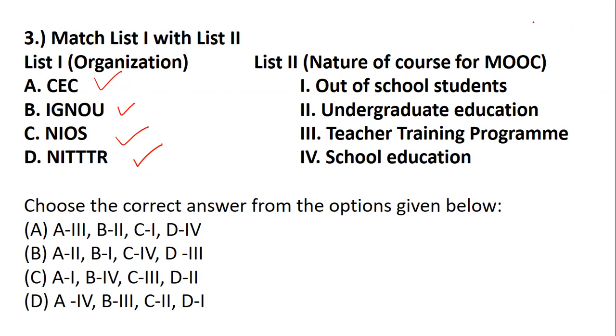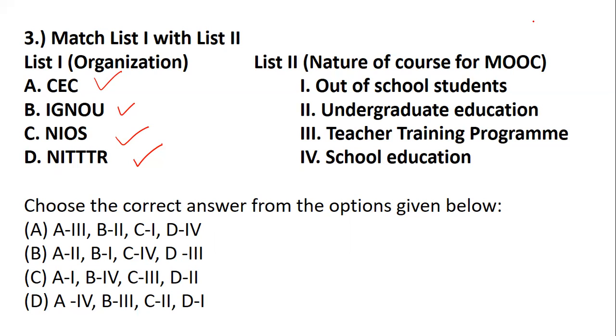But still, if you're learning for the first time, in fact, in my session on Swayam, I have completed this very well. So let me tell you. CEC stands for Consortium for Educational Communication. What is a consortium? It is nothing but an association. IGNOU stands for Indira Gandhi National Open University.